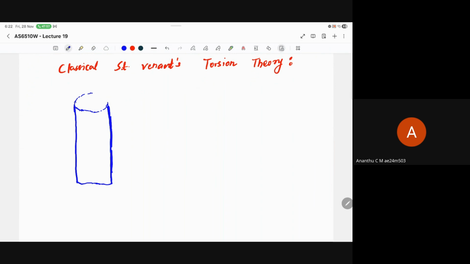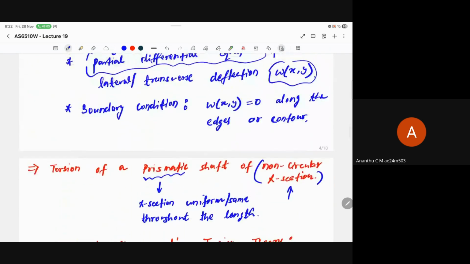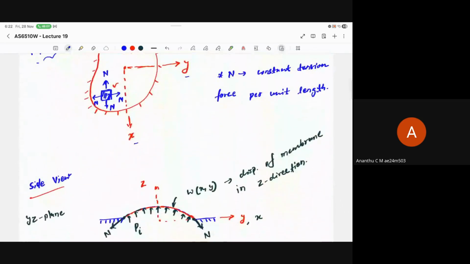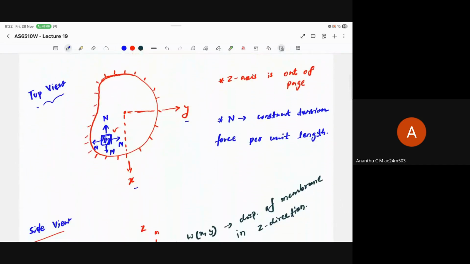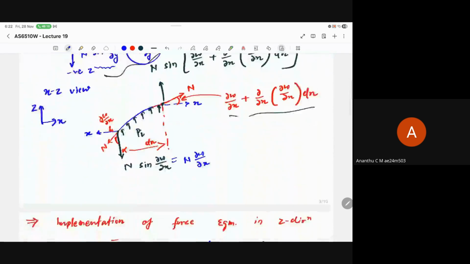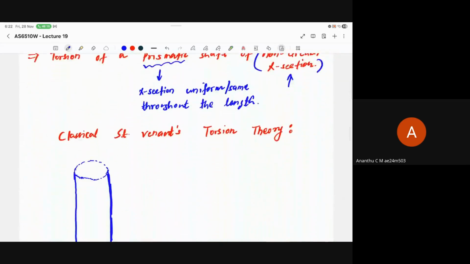Anyway, this is an arbitrary shape, but I'll try to just, so let me go up. What I'm trying to say is, whatever shape we have for this membrane, this is the shape which will be the cross section for this shaft. That is the condition.